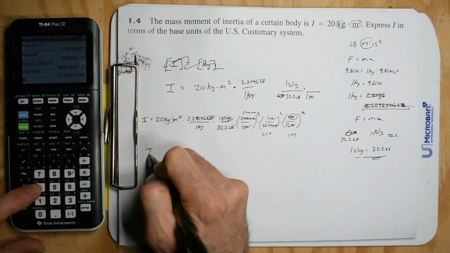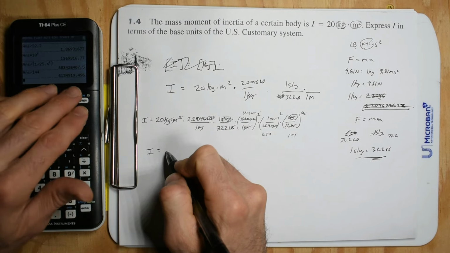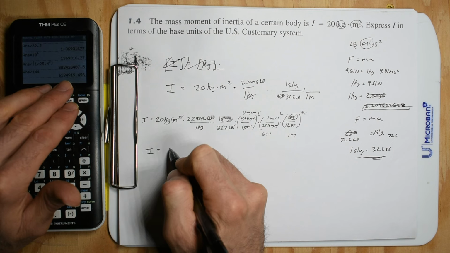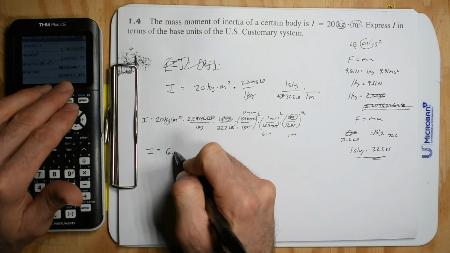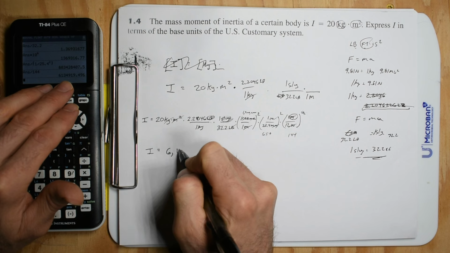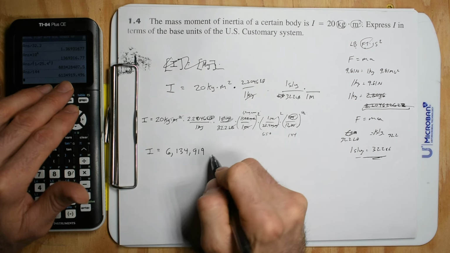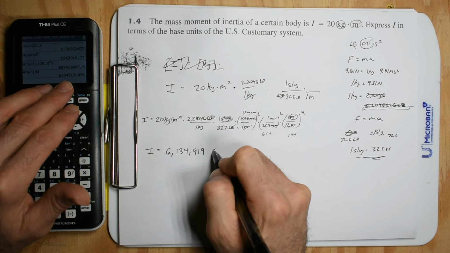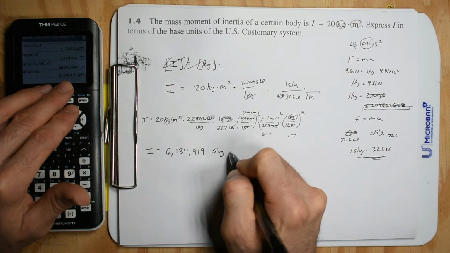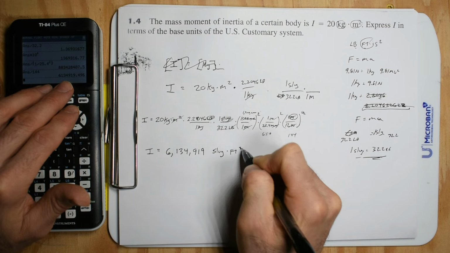Okay, so I is equal to, now I could just be totally wrong on this, but it says 6 million. So we got 6,34919 slug feet squared.